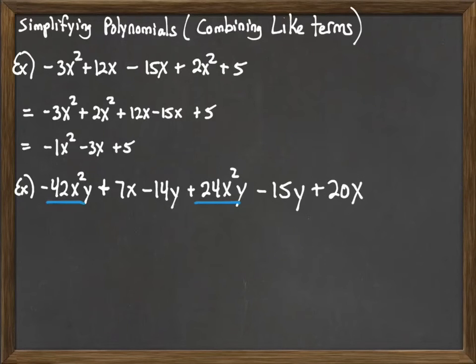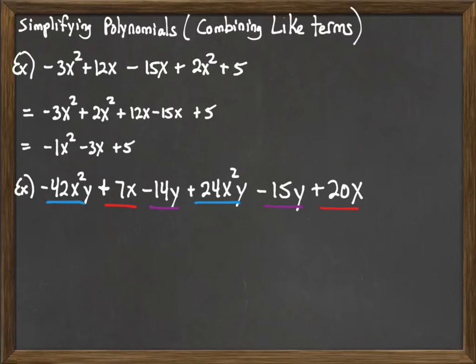You can just highlight your like terms. Here I have a 7x, so I'm going to pair that with the other thing that has an x, which would be 20x, and then I also would pair up my y's, minus 14y and minus 15y. So this time, instead of rewriting it, I've underlined. Highlighting doesn't really work great on this app, that's why I did the underlining.